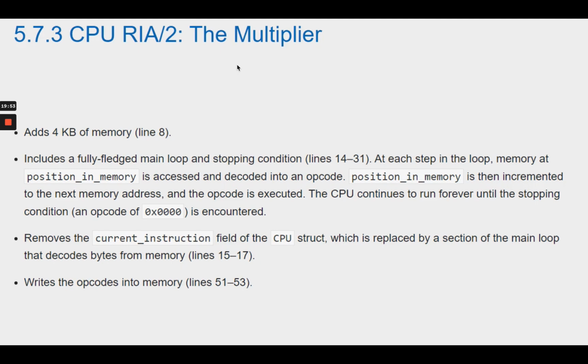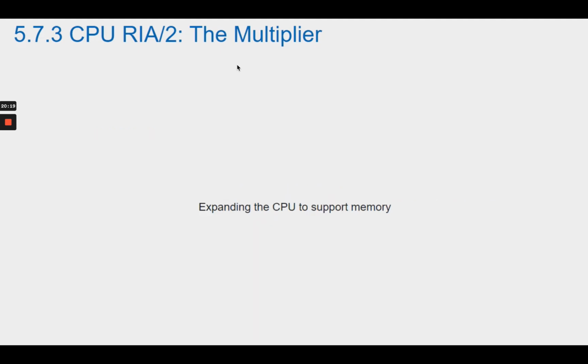The CPU continues to run forever until the stopping condition, an opcode of 0x0000, is encountered. Removes the current_instruction field of the CPU struct, which is replaced by a section of the main loop that decodes bytes from memory, lines 15 through 17. Writes the opcodes into memory, lines 51 through 53.